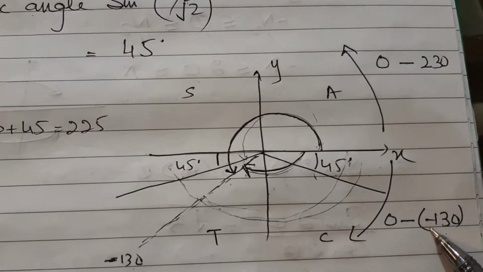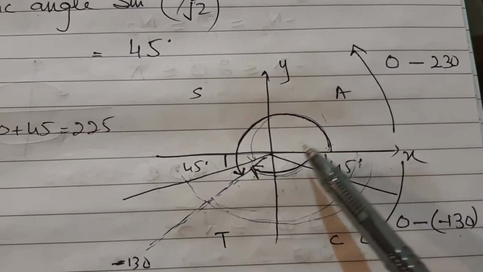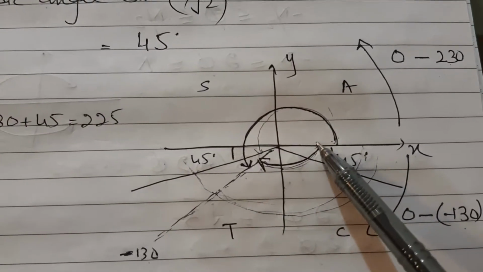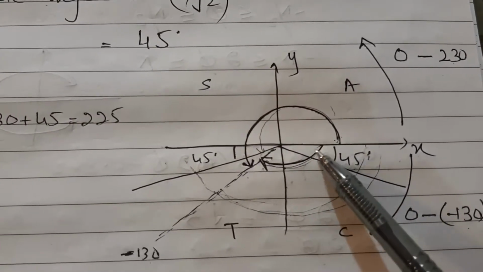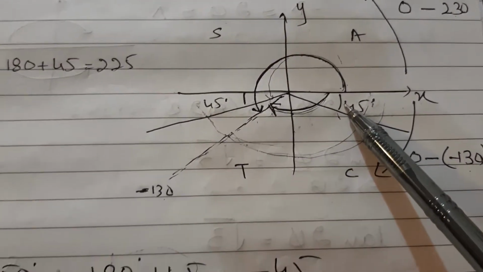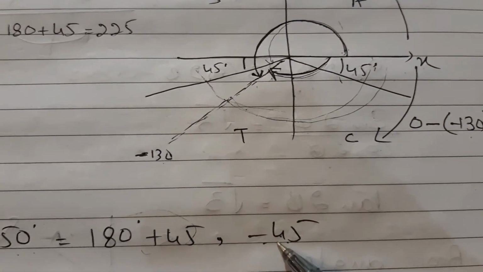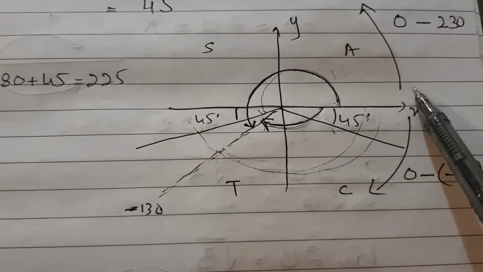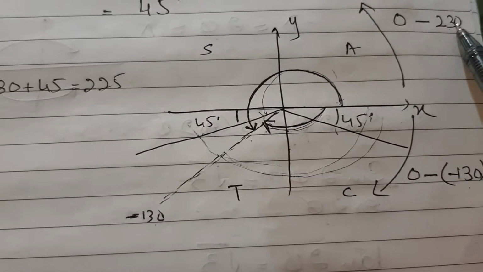So let's see, go from 0 to minus 130. It means I will go from here till here. During this rotation I am meeting the basic angle only once, which is here. So one of my answers will be minus 45, and it is equal to x plus 50. Then I will rotate from 0 to 230.